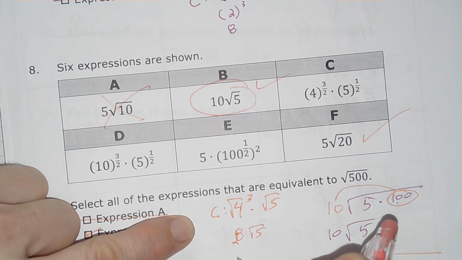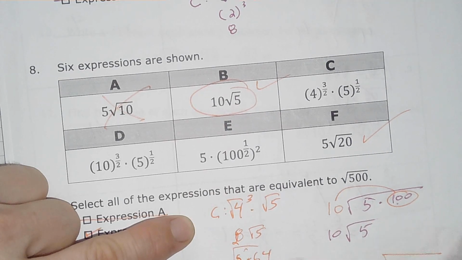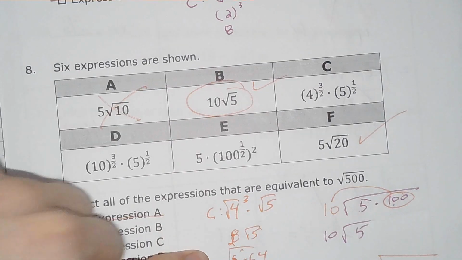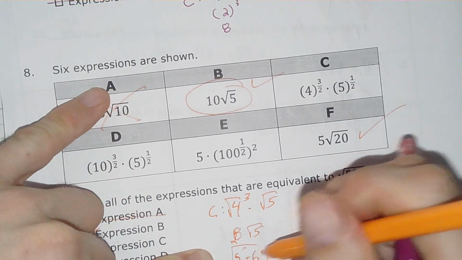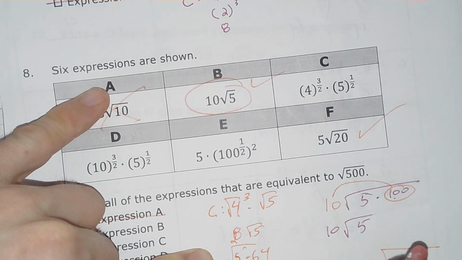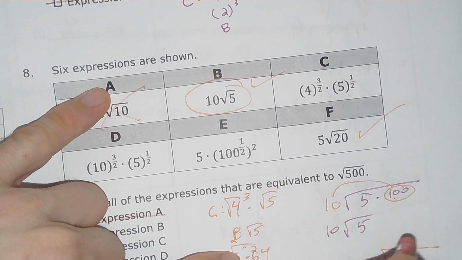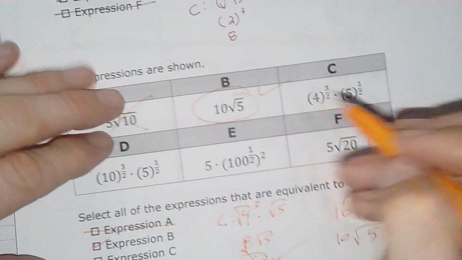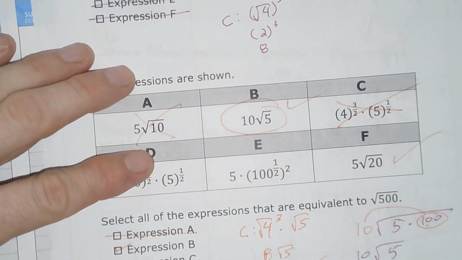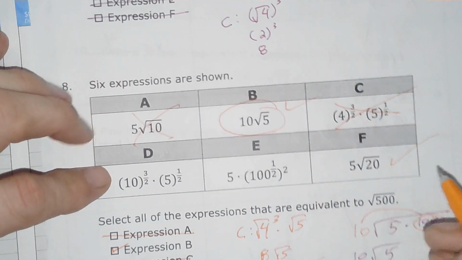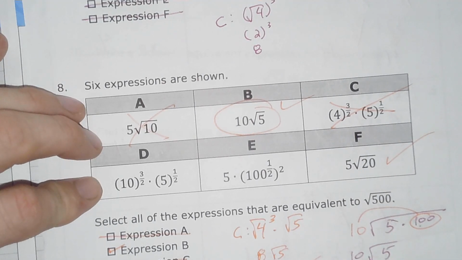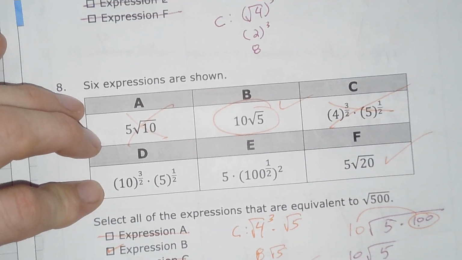It becomes 5 times 64. That's not 500. It's not 500, so not C. Okay, I'm not going to waste my time doing the math. It's not 500.